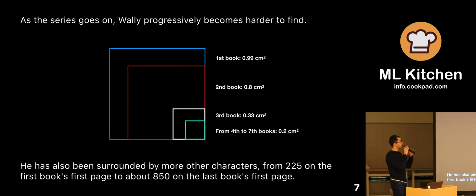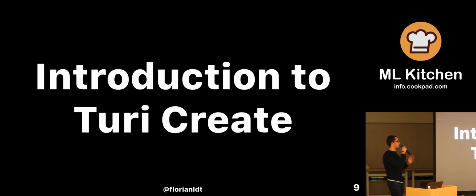You can see that the size really decreased, so that means it's even harder to find him in every book. And he has also been surrounded by more other characters, from 225 in the first to about 850 in the last book. So I was like, okay, should I do it, or would it maybe be too difficult for my first project? But I decided to test that.